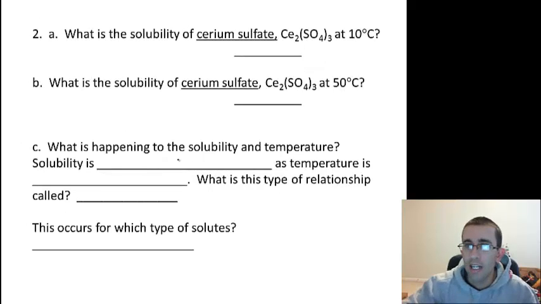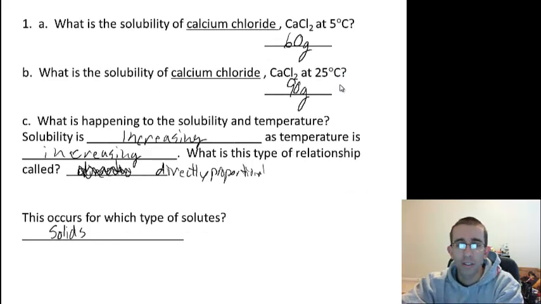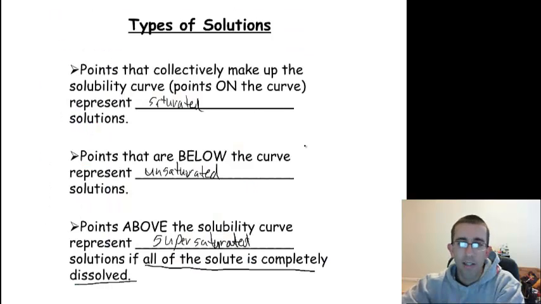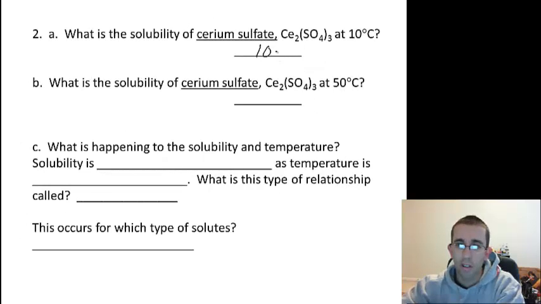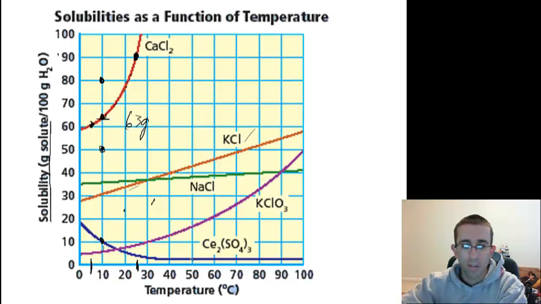Now, there was one example on the graph. Let's go back to it. First, what's the solubility of cerium sulfate at 10 degrees Celsius? That's this one, cerium sulfate. So 10 degrees Celsius, boom, 10 grams. What's the solubility of cerium sulfate at 50 degrees Celsius? Go to 50, and it's about right there.